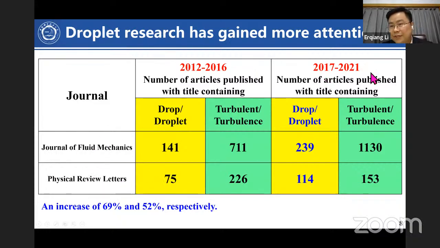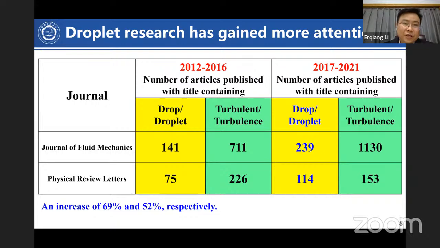For the past 5 years, the numbers are 239 and 114. If we compare with the earlier 5 years, 2012 to 2016, the numbers are 141 and 75. So the increase is 69% and 52% respectively. We can see drop research has become a more and more hot topic.